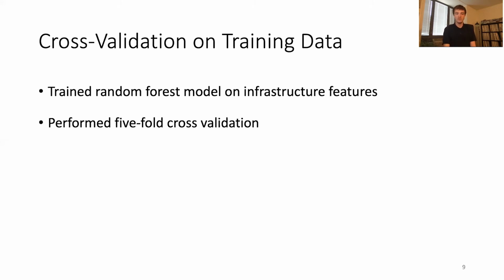So to perform an initial evaluation of the effectiveness of infrastructure features, we performed 5-fold cross-validation on our training data. We first trained a random forest model on our infrastructure features because we expected that feature interpretability would be important for human moderators that might want to use our model. Furthermore, it enabled us to rank our features.